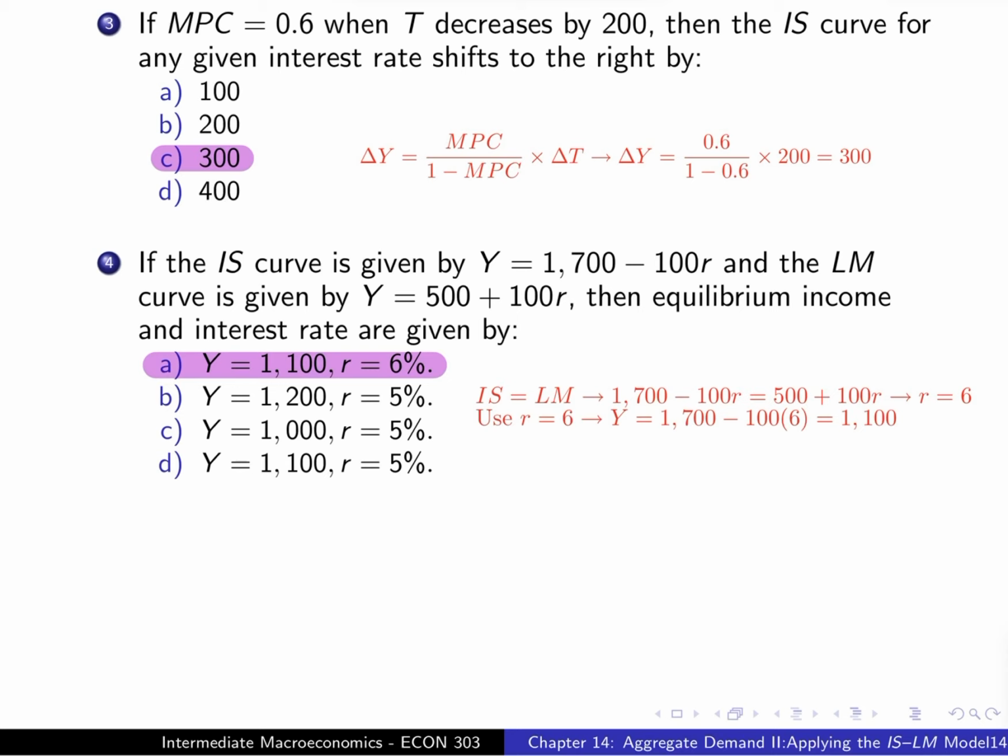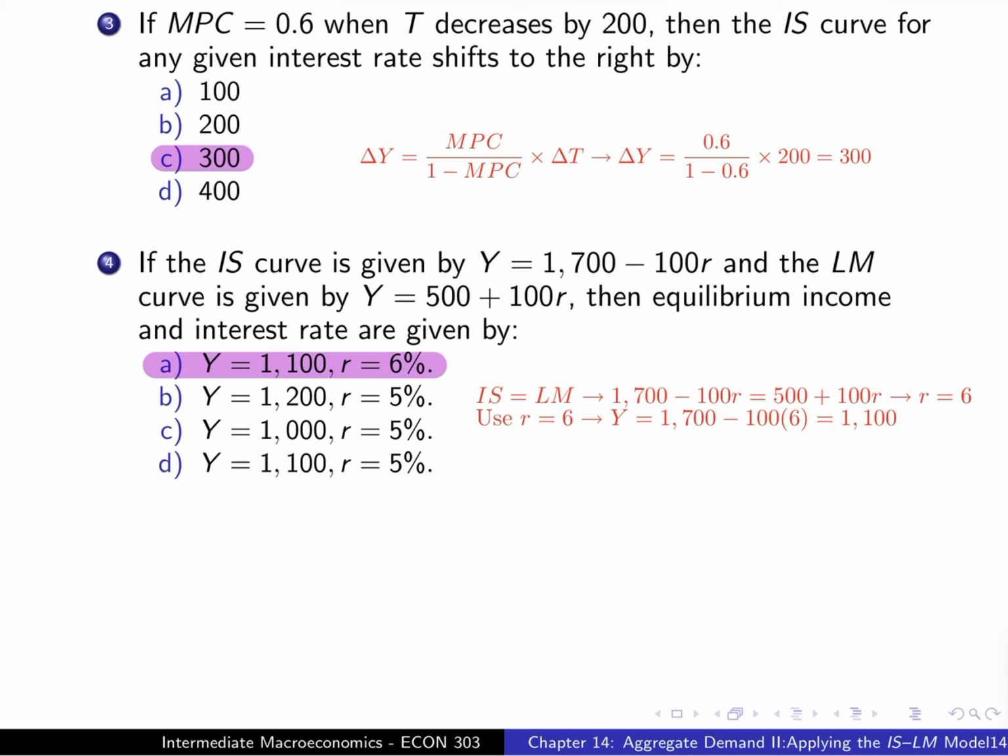Set IS equal to LM, we get 1700 minus 100R equals 500 plus 100R. Solving for R, then R equals 6. Substitute R equals 6 into either equation, we get Y equals 1100. The answer is A. Y equals 1100 and R equals 6%.